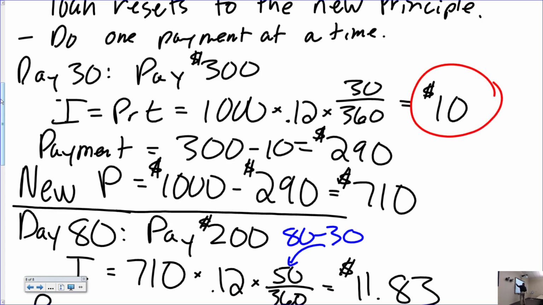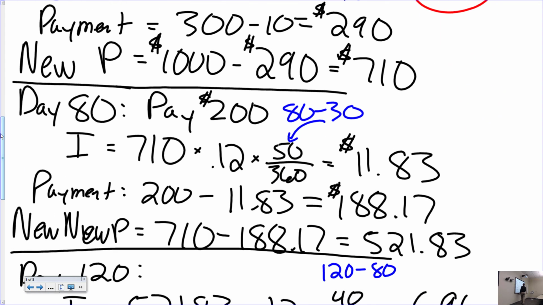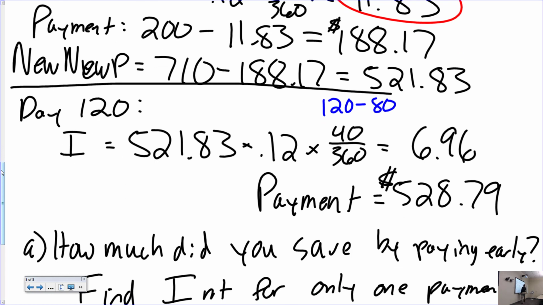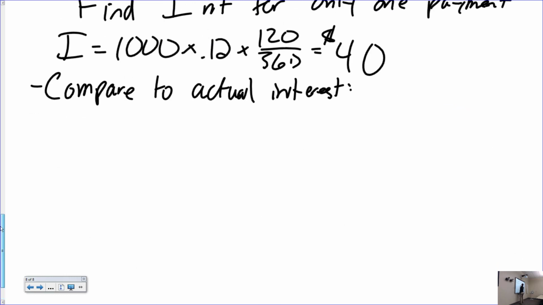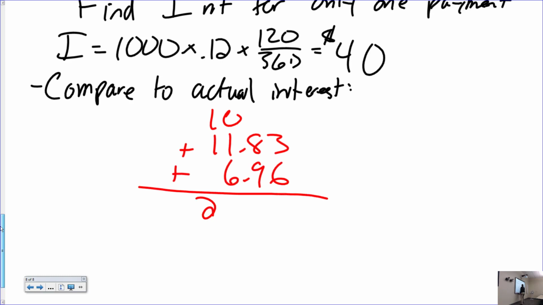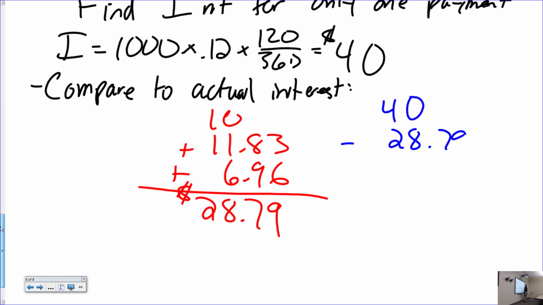You can quickly go back and get it, right? $10, $11.83, and $6.96. So 10, 11.83, and 6.96 is $28.79 in interest that we actually paid. And then $40. How much did we save? $11.21. Nice. 40 minus 28.79.